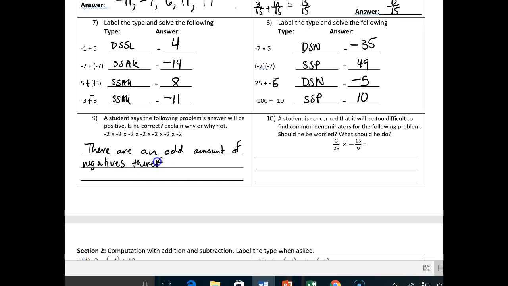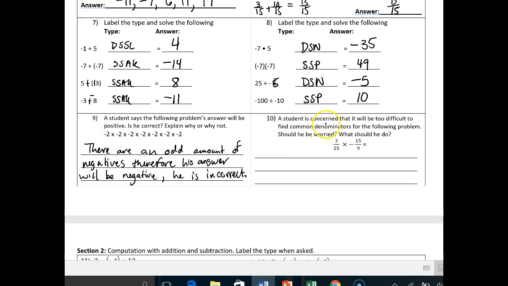Therefore, his answer will be negative. He is incorrect. You could say he is incorrect because there's not an even amount of negatives. Sorry, not a language arts teacher.